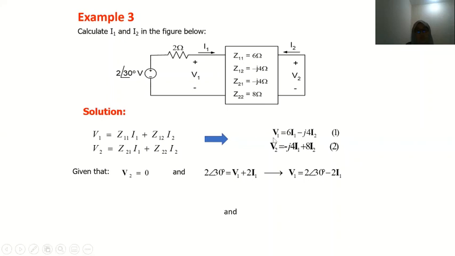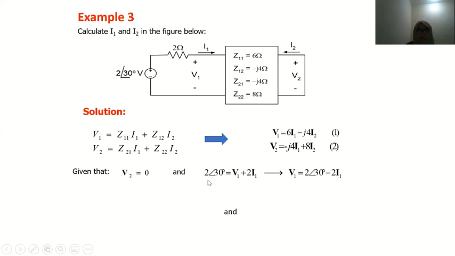Substituting all the given Z11, Z12 until Z22 into this general formula, you will have V1 equal to 6I1 minus j4I2, and V2 equal to minus j4I1 plus 8I2. Also don't forget your output voltage V2 is equal to 0.